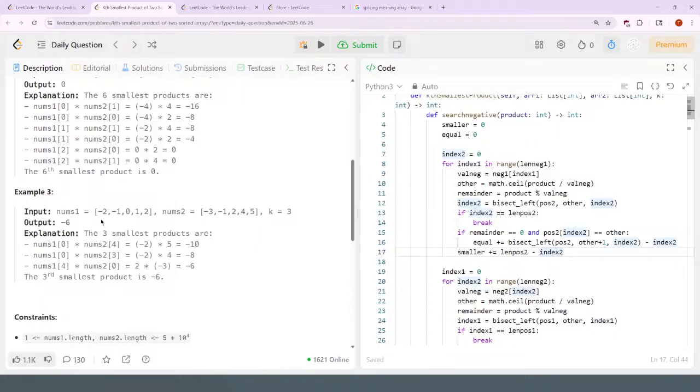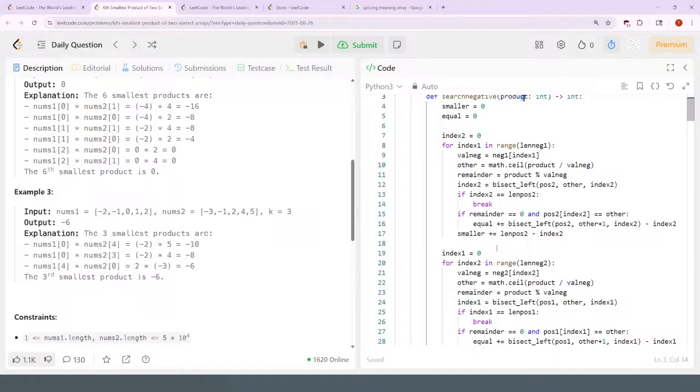So let's say that I'm searching for -6, this is -2, I'm searching for 3 as the other value. So where the index is first 3, which is index 2, versus where the value 4 would occur if it was inserted in this array, then the difference between those indices would be the number of times 3 appears, the perfect other value, and that'd be the number of times that I have a product exactly equal to the product I'm searching for.